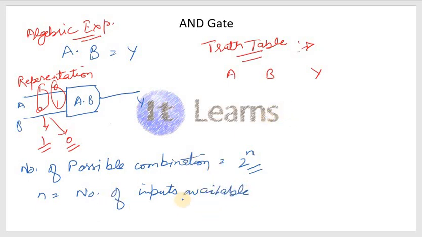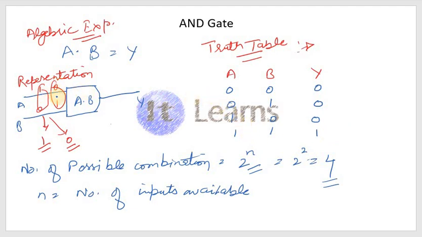Here the number of inputs is 2, so the possible combinations are 4: 0 0, 0 1, 1 0, and 1 1. So by using the dot product formula, 0 into 0 is 0, 0 into 1 is 0, 1 into 0 is also 0, 1 into 1 is 1.